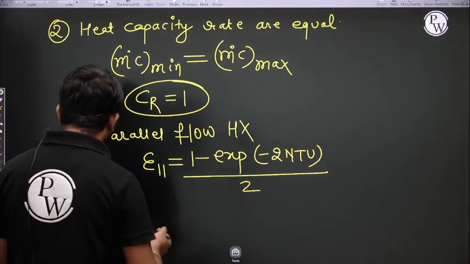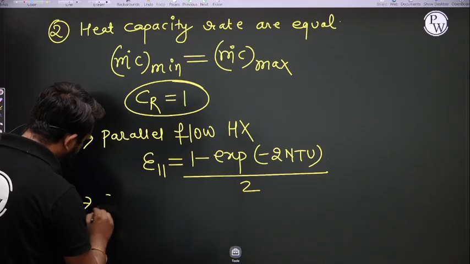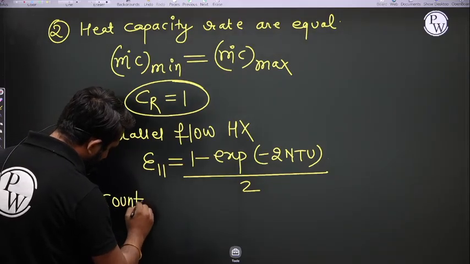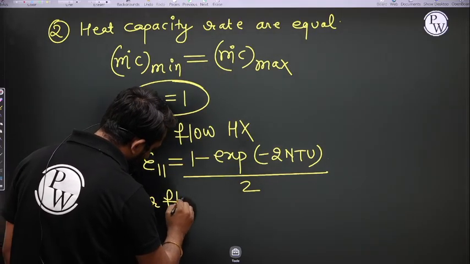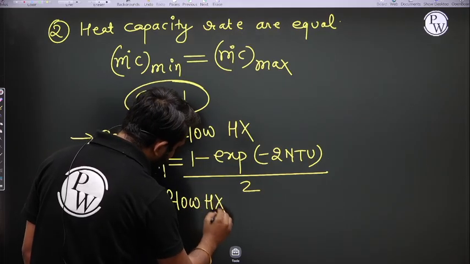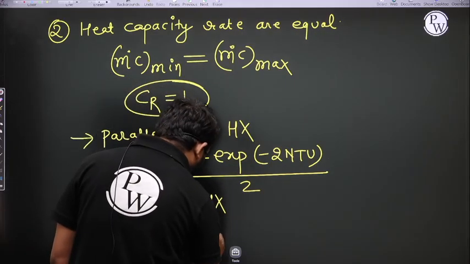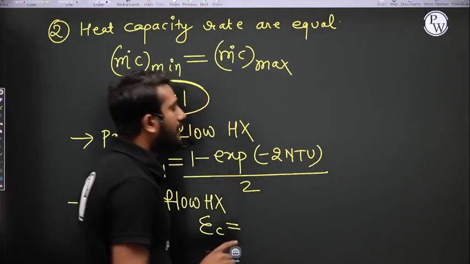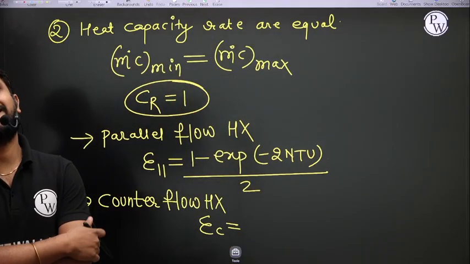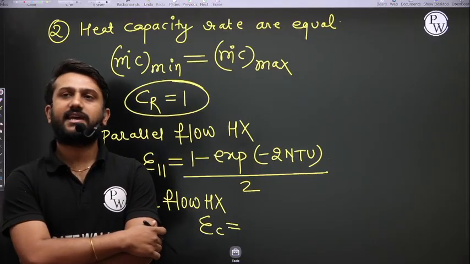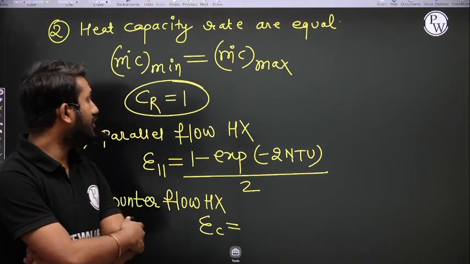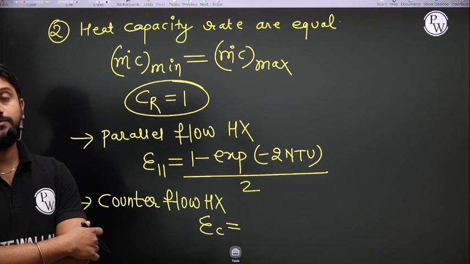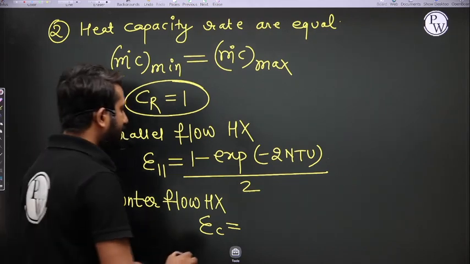And for the counter flow heat exchanger, the effectiveness is 1 minus exponential minus NTU (1 minus CR). The CR value is 1, so that comes 1 minus e to the power 0.